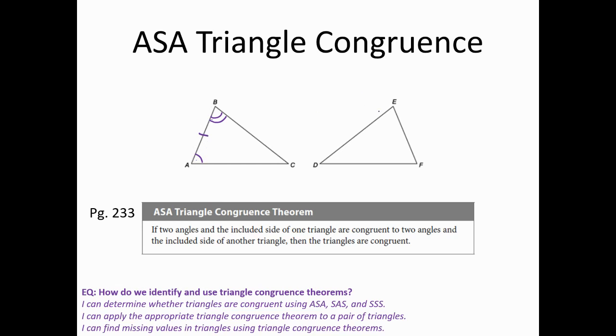If those match up with another triangle's two angles and the included side, if those are congruent pieces, then that's enough information for us to say the triangles are congruent. So for triangle congruence, we only need three pieces of information instead of all the sides and all the angles. For this theorem, it's angle, side, angle.